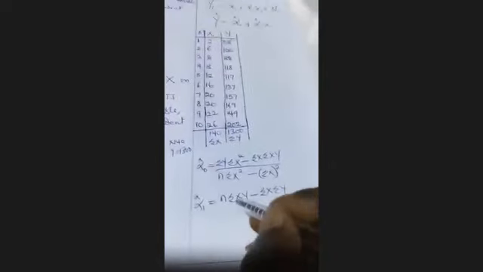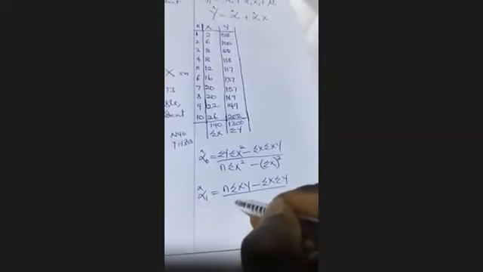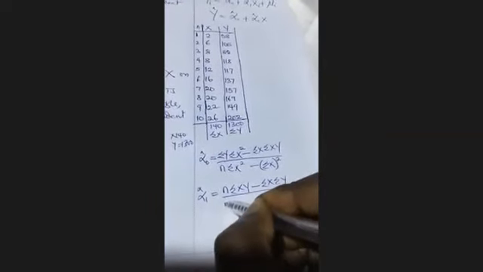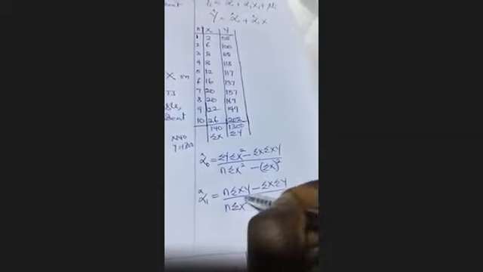This is just telling us that N is actually 10. So this is the formula for alpha 1 cap, over N summation X squared minus summation X all squared.